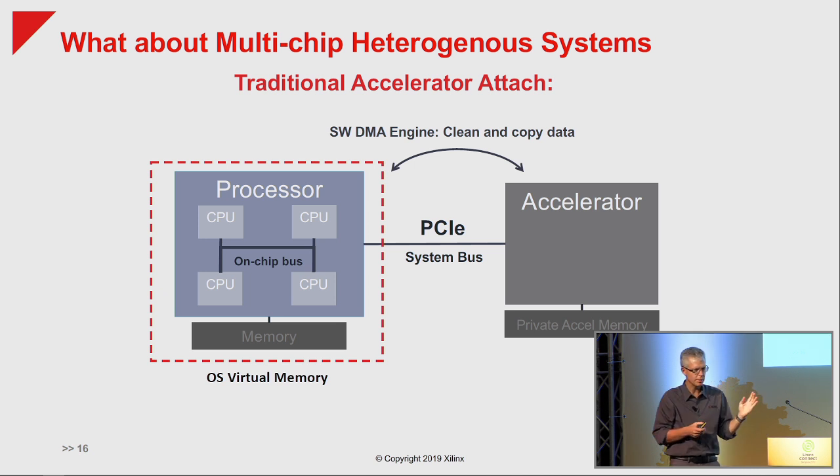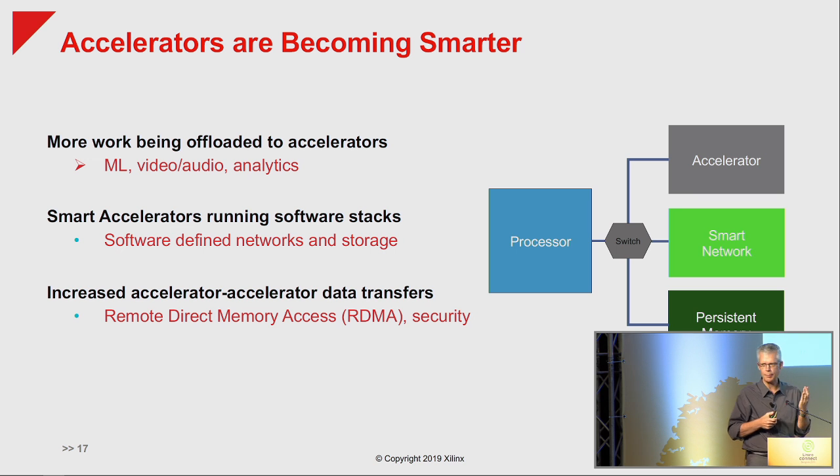So the question is, can we make this a little bit more similar to the heterogeneous SoC cases that we've been looking at before, right? And why would you do that? Well, it's really because the accelerators are becoming more and more smart. You want to program in a different way.